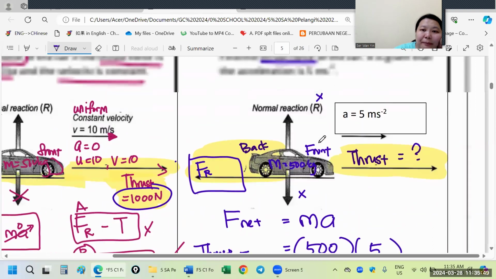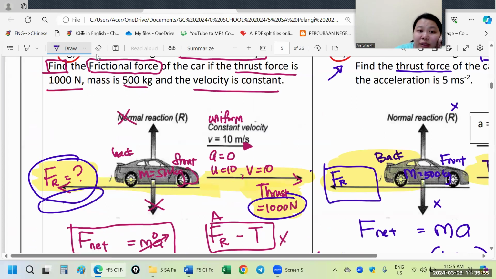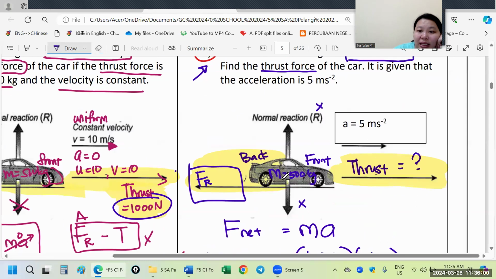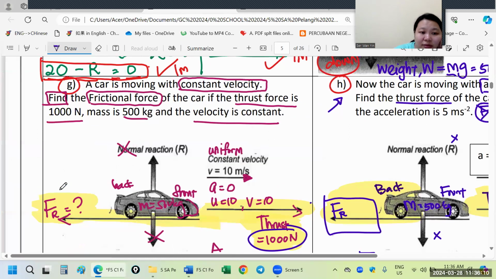See, they purposely don't remind you there is frictional force in the previous question. They don't even tell you there is frictional force, so you need to look back yourself.